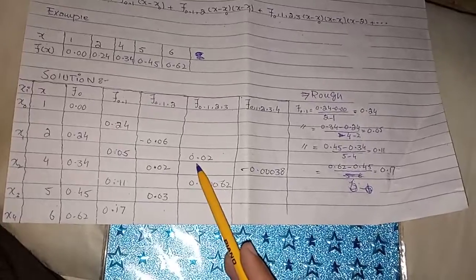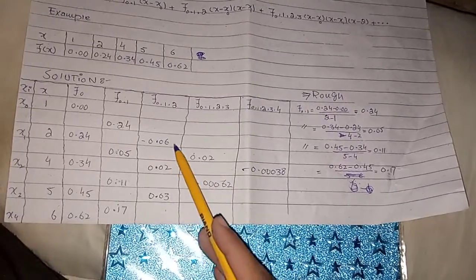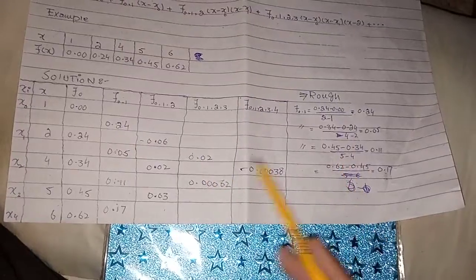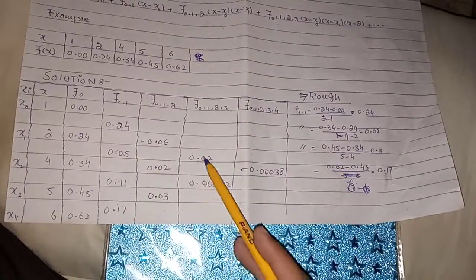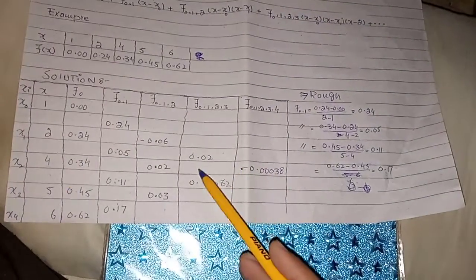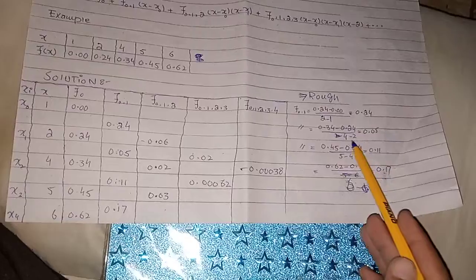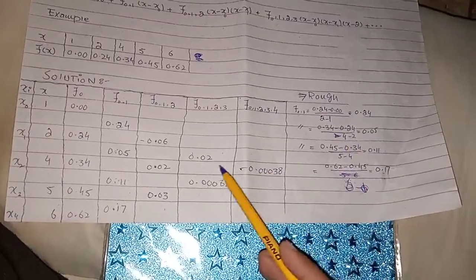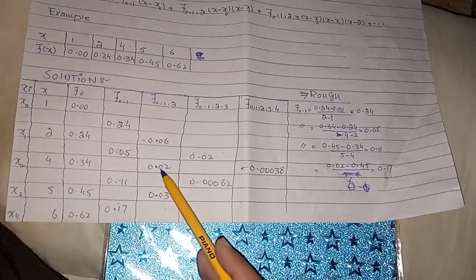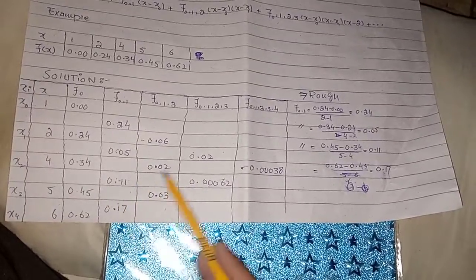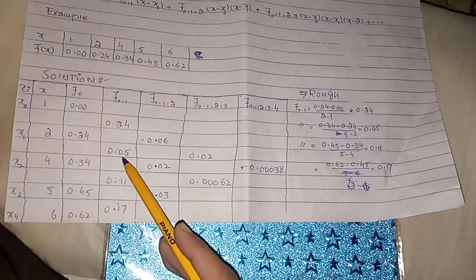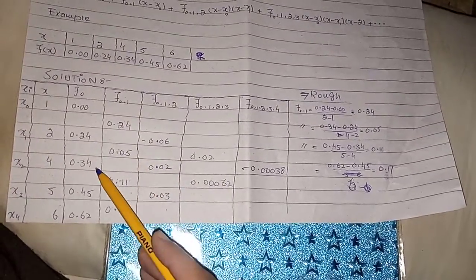Now to find this value, as you know, the first and the last: it is easy to subtract this from this, it is very easy, and it will be like the previous, but we are just talking about the third divided difference, which is a little bit difficult. So how would I get my first? I have gotten this value by subtracting this from this, and this from this.